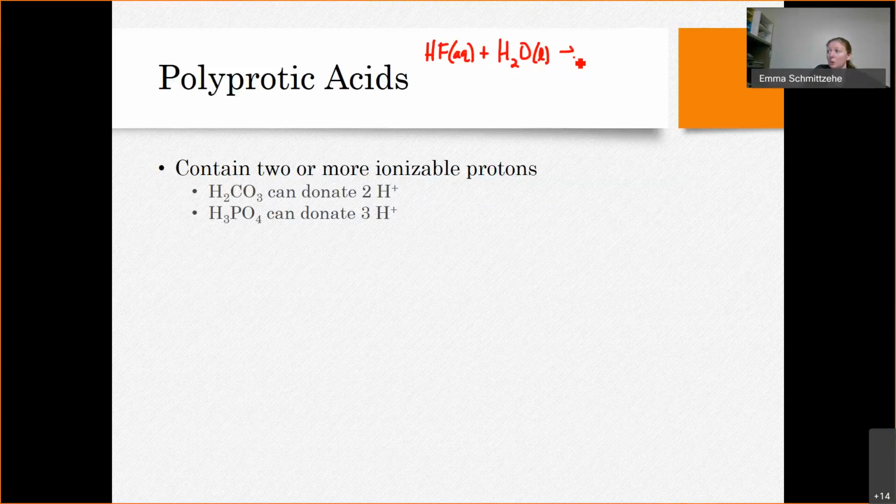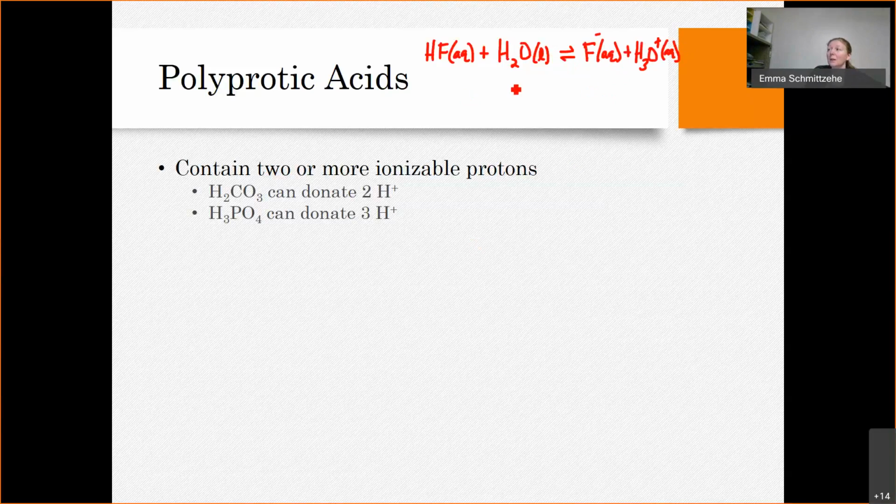Remember, we could write that as an equilibrium reaction, and a product would be F-, the conjugate base of our acid, hydrofluoric acid. The H+ that comes off attaches to the water molecule, forming the hydronium ion.